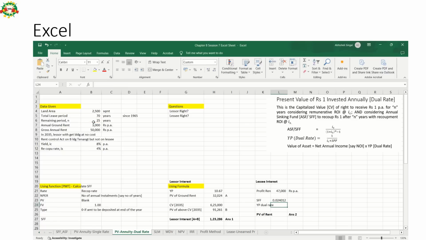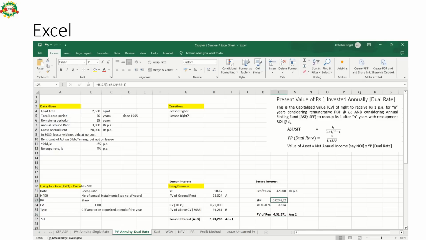So this is the SFF. So for dual rate year purchase, 1 divided by bracket open yield plus SFF. So this is the year purchase, and if you multiply profit rent with this year purchase dual rate, this is the value of the lessee's interest in the property.